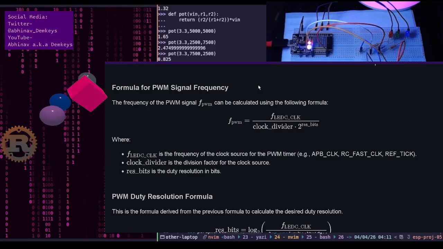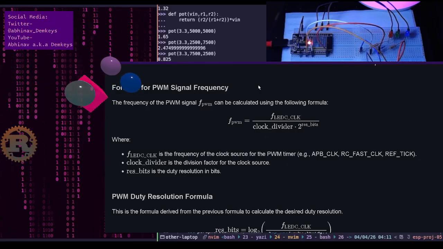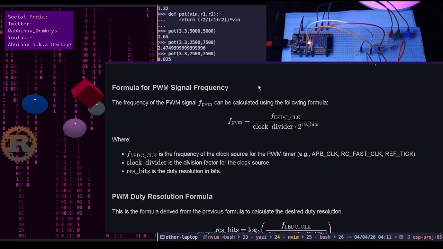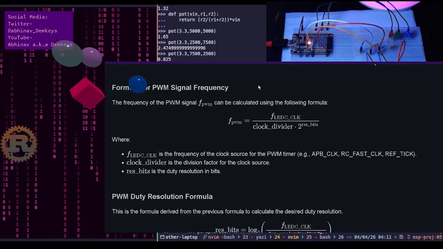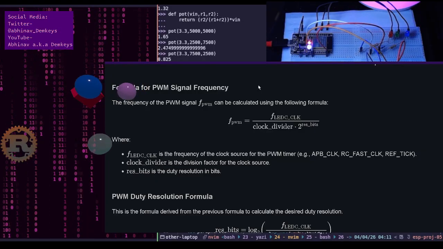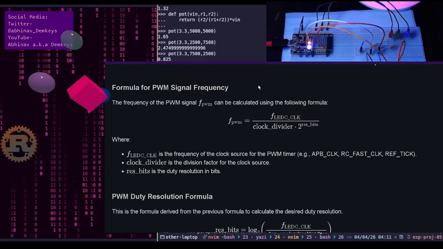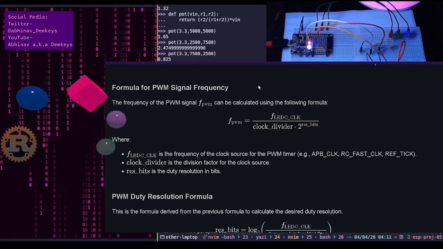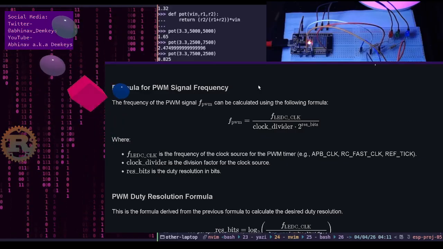It says this divided by clock divider multiplied by 2 to the power of resolution bits. So clock divider multiplied by, let's say, 2 to the power of so and so, if we solve that first, because exponents should be solved first, right?